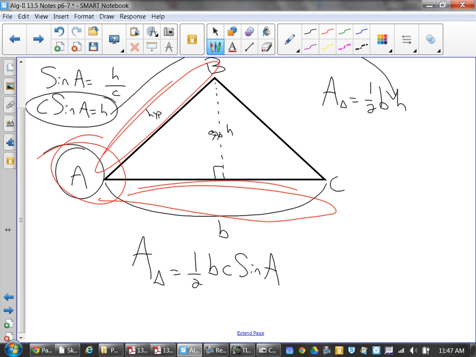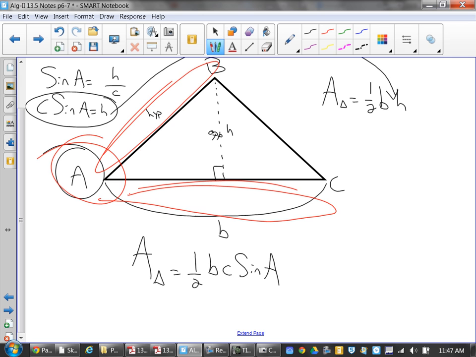That looks like what? Side angle side. If you have side angle side, the area is 1/2 your two sides times the sine of the included angle. And it works each time. That's cool. It builds off of direct substitution.